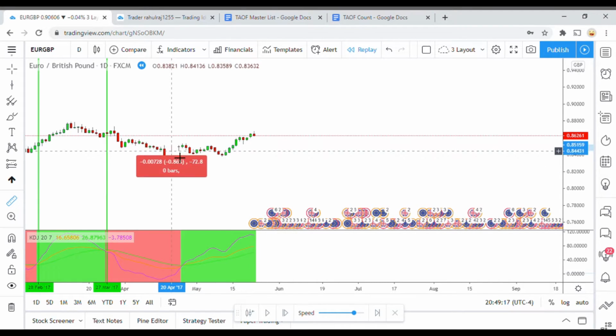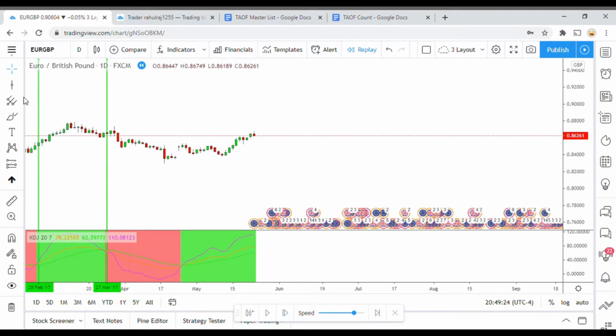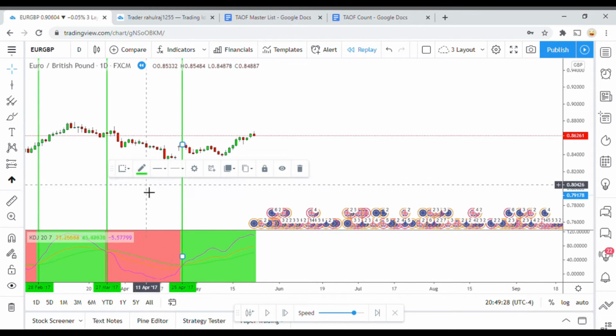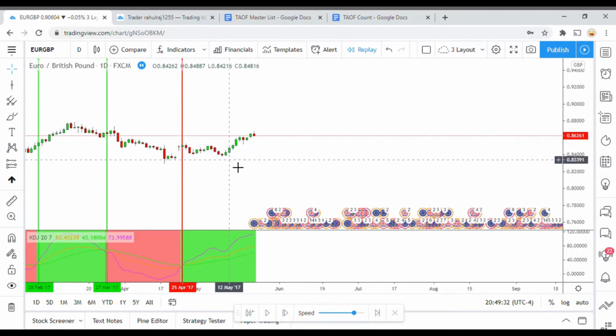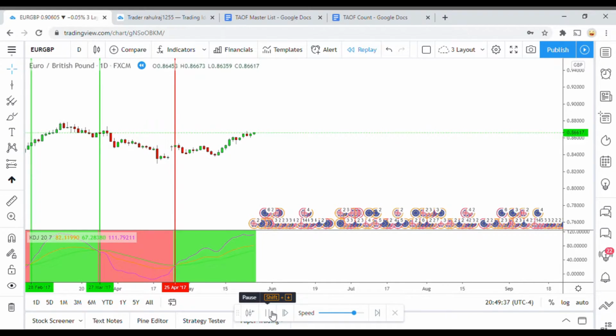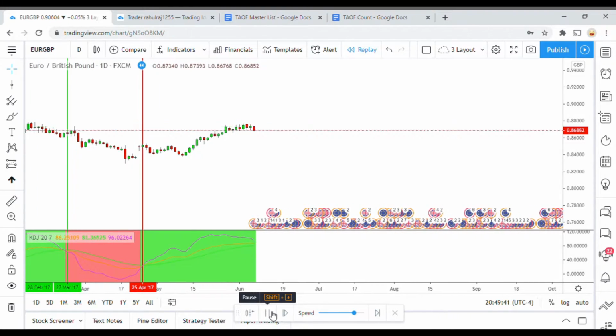Let's see if we got stopped out. We did, unfortunately, get stopped out on this one. It's a shame because it ended up going back in our direction, but at that point had stopped us out.